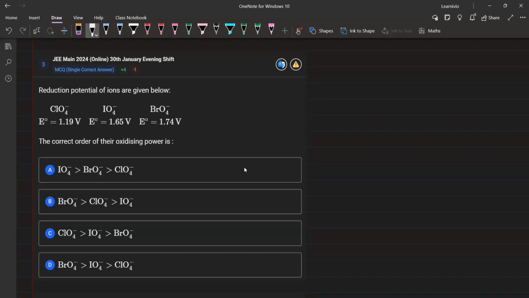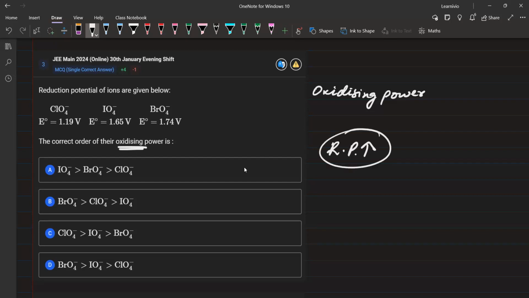The reduction potential of the ions are given, the correct order of their oxidizing power. So oxidizing power. If something is having a very high reduction potential, okay, please remember, if the reduction potential is very high, that means it will get reduced easily.